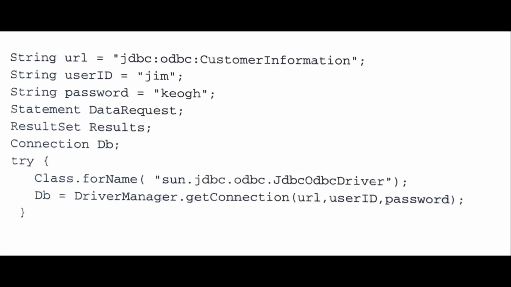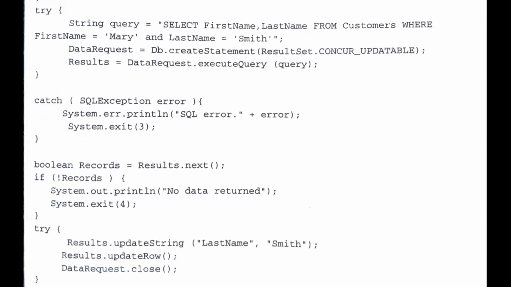Here in this particular example, we are using a query in the try block, that is string query: select first name, last name from customers where first name is Mary and last name is Smith. So we are extracting a particular row having first name Mary and last name Smith.